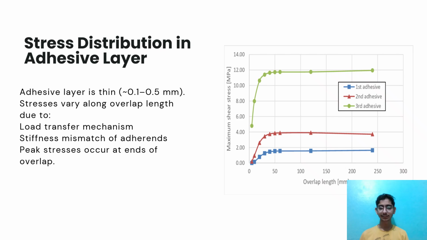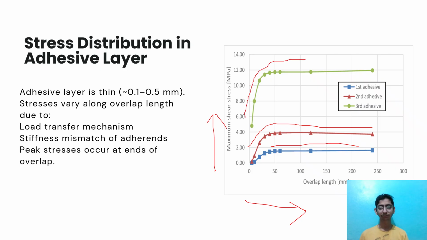Here we can see a graph, where the y-axis is maximum shear stress and the x-axis is overlap length. We can see how the graph changes along the length as shear stresses increase.